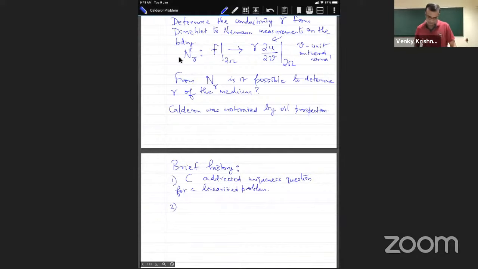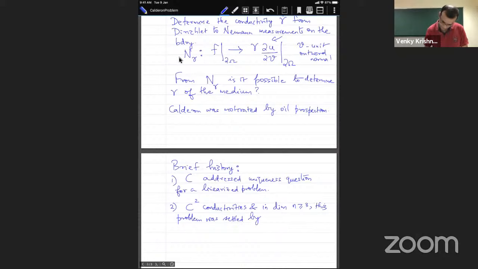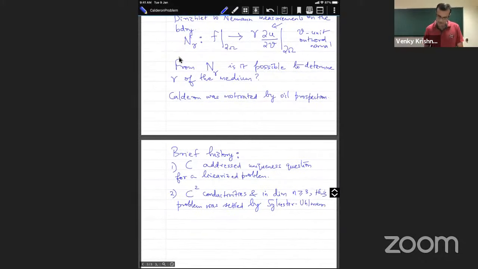And for C2 conductivities, and in dimensions n bigger than or equal to 3, this problem was settled by Sylvester and Uhlmann in their famous Annals of Math paper, I believe 1987.